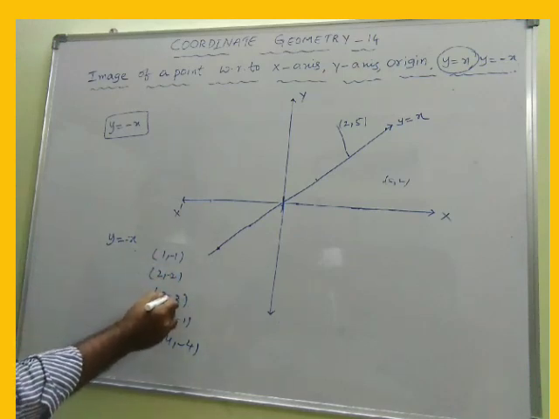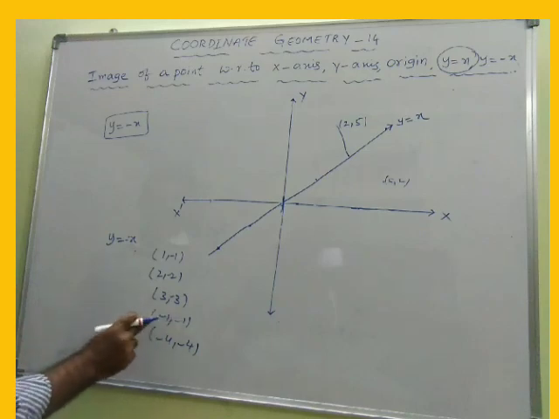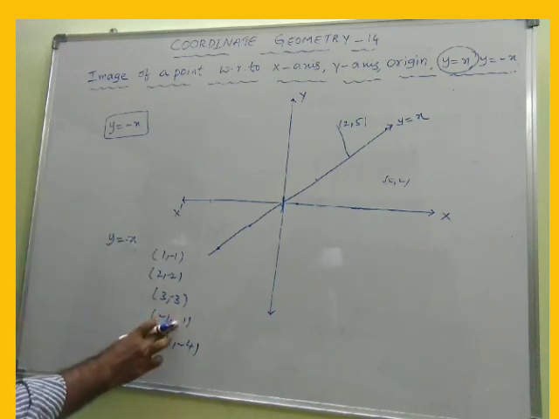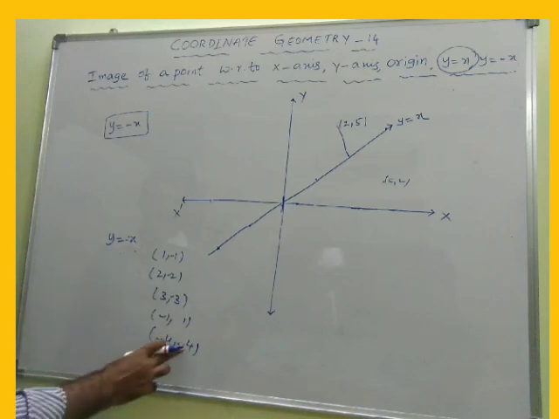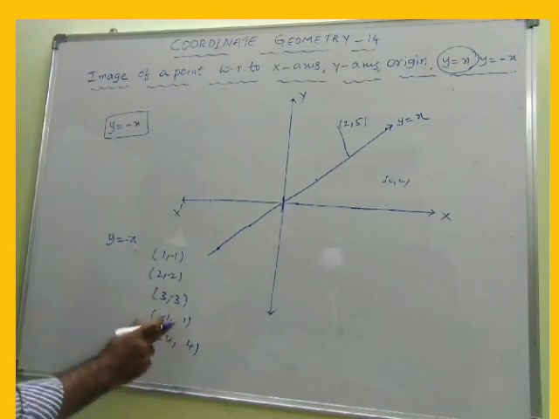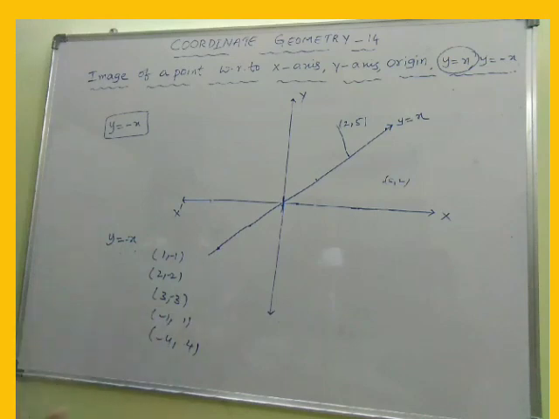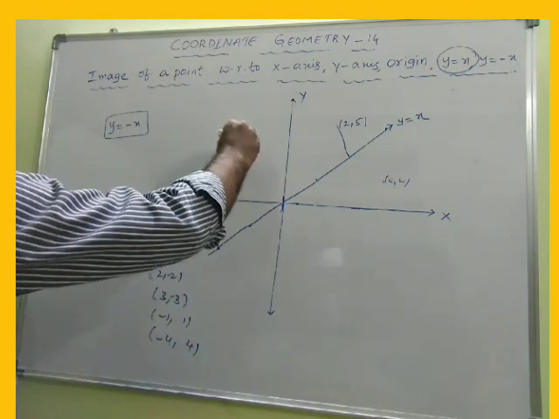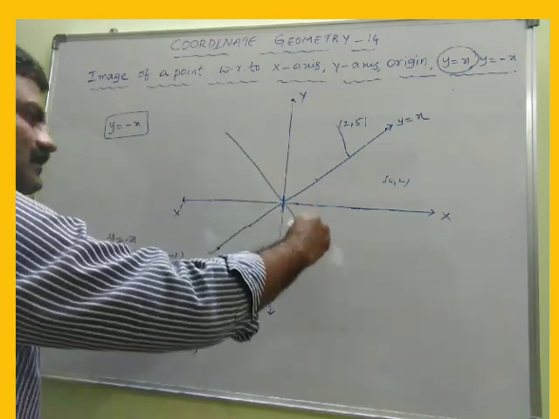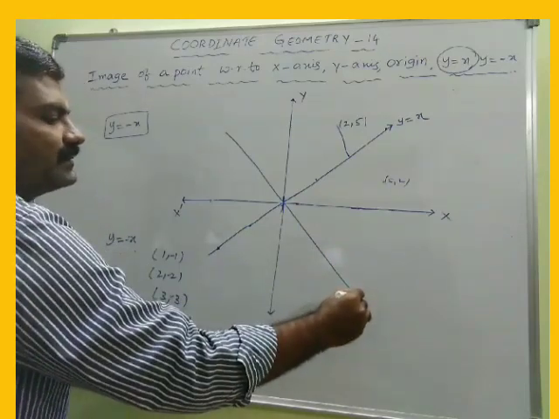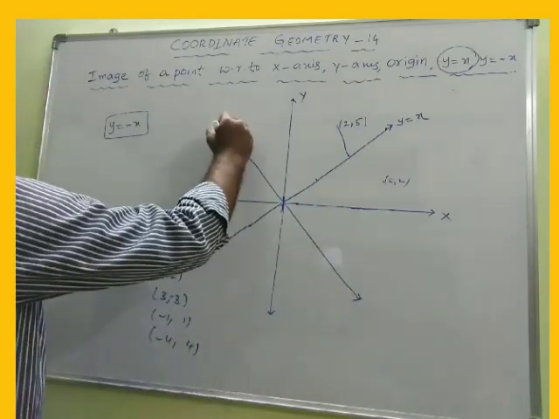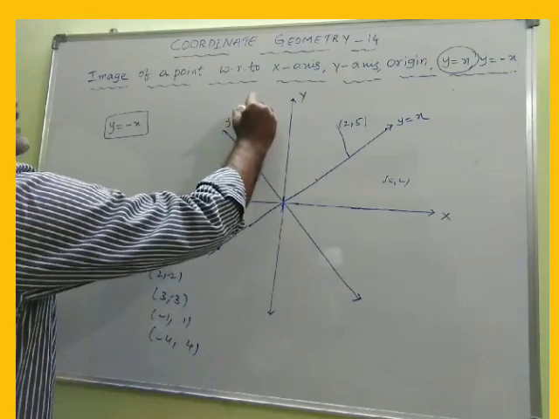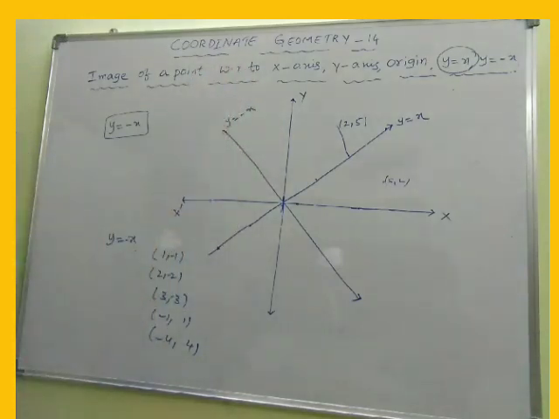In the same manner, (3, -3). If x is -1, then y value is nothing but 1. And if x is -4, then y value is 4. If you plot all these points, then the graph of the line will be in this manner. So this is the line y is equal to minus x.